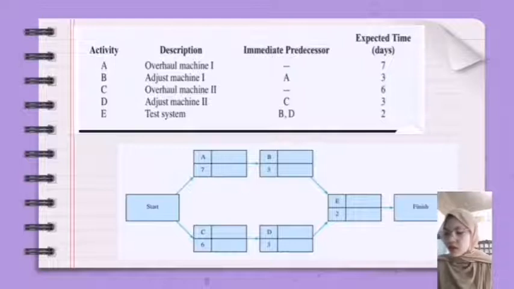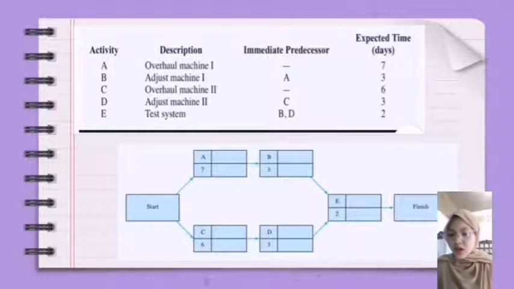So in 9.7, it defines a two machine maintenance project consisting of two activities, because management has had substantial experience with similar projects.